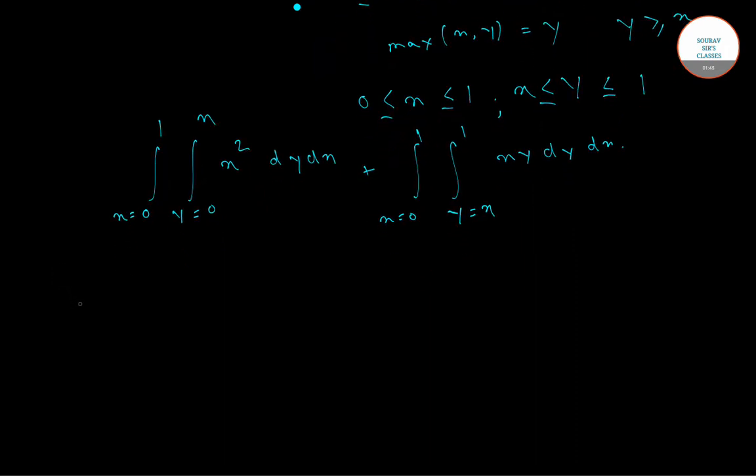So from here we get integration 0 to 1 x square y, where the value of y goes from 0 to x, into dx, plus again integration 0 to 1 x into y square by 2, where the value of y goes from x to 1, into dx.